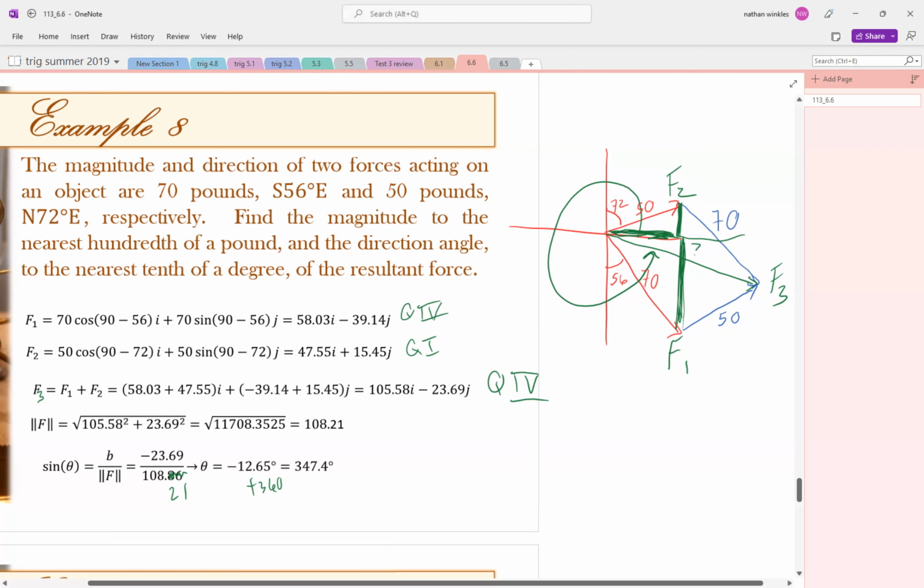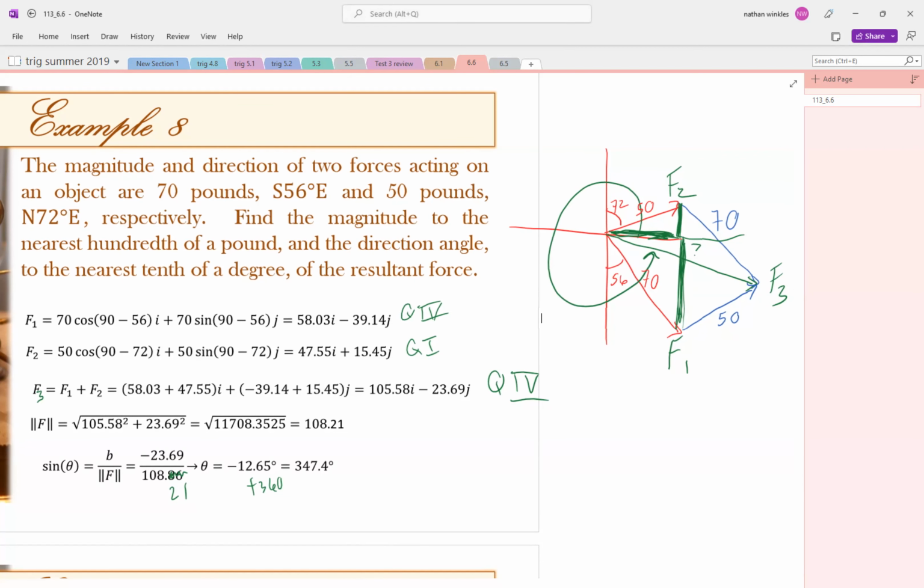If we really were writing it back in terms of the same thing, we would have to take 360 minus... I'm sorry, not 360, the 347.4 that we're given, minus 270.